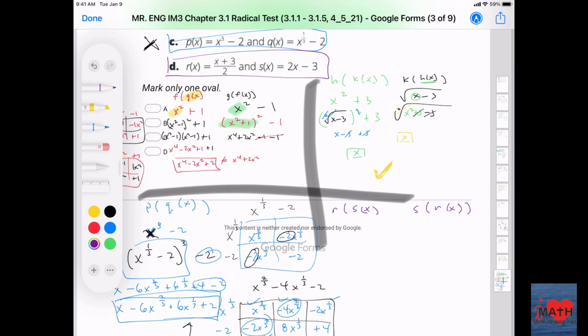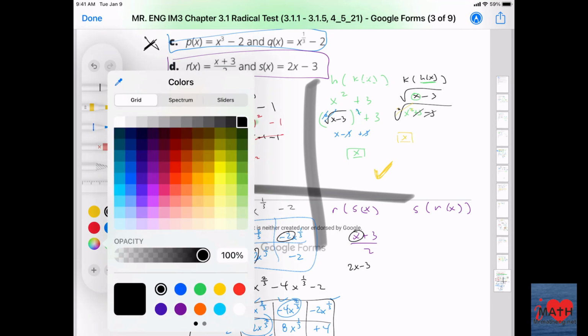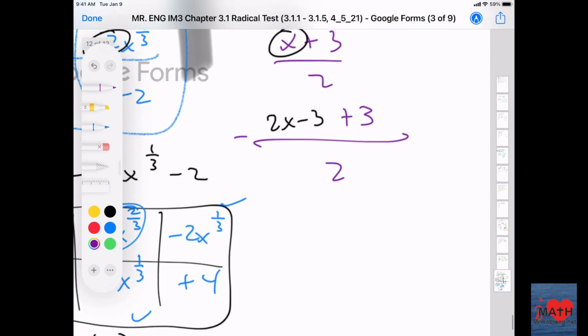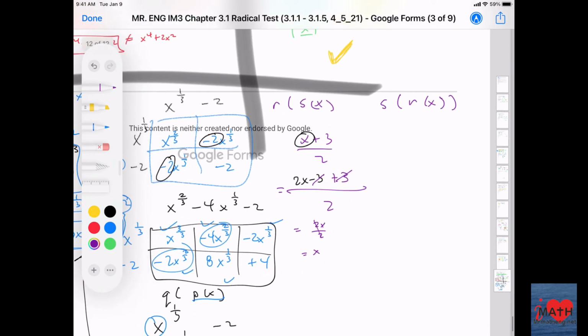So r is x plus 3 plus 2. And the x we're putting in there is 2x minus 3. Cancels, cancels. 2x over 2. And that equals x. Okay, this one looks good.